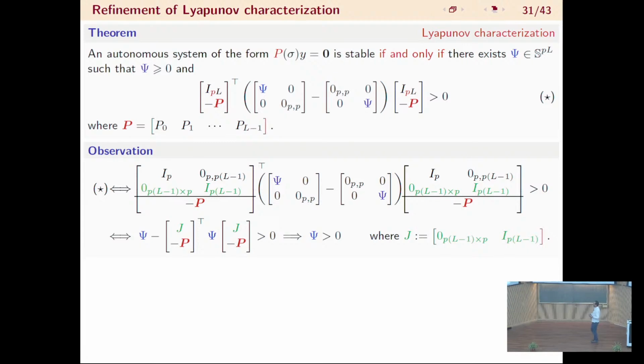Well, there is a little observation here, but basically the idea is to write star in a different way, and it follows from the following observation. Imagine that I write this IPL by zooming in. This is the first P by P block, and the remaining is here. I can always do that. If I now look at this LMI, because of this I, I'm going to have psi.